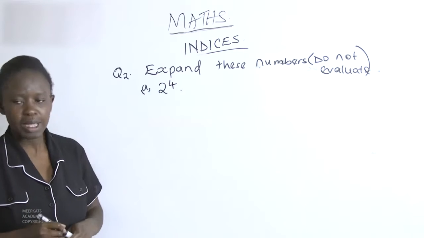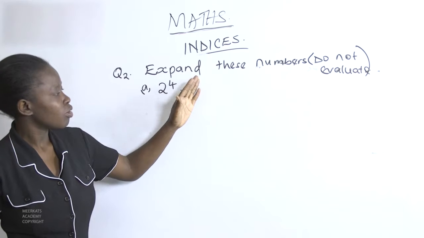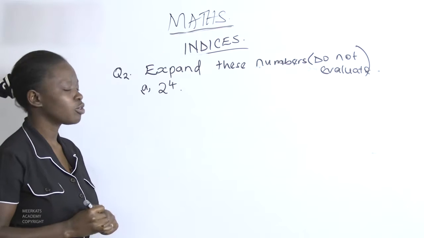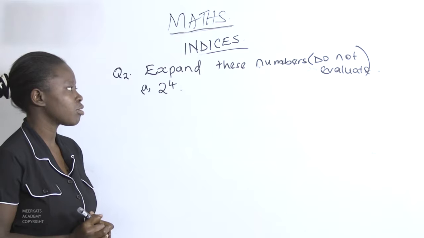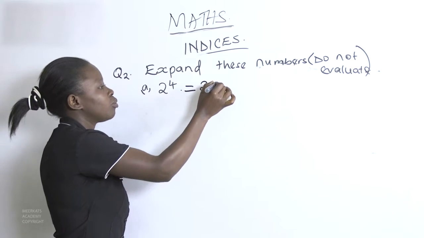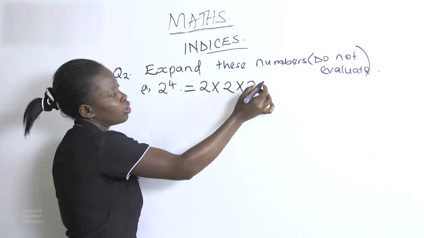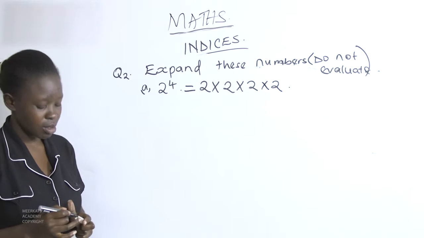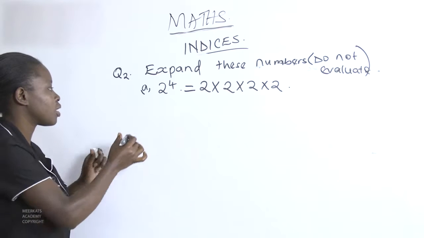So we simply expand and leave the answer in the expanded form. So we have 2 to power 4. 2 to power 4 means that 2 has been repeated 4 times. So we multiply 2 4 times. Repeated multiplication of 2 4 times. So we have 2 times 2 times 2 times 2. So we've expanded, but we are not evaluating. So we are not simplifying our answer. We leave it in that form.